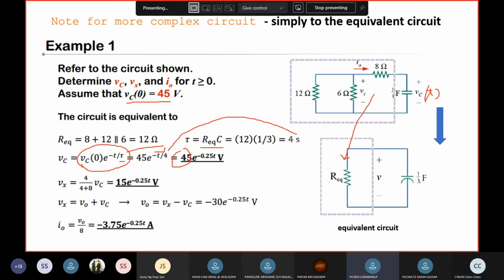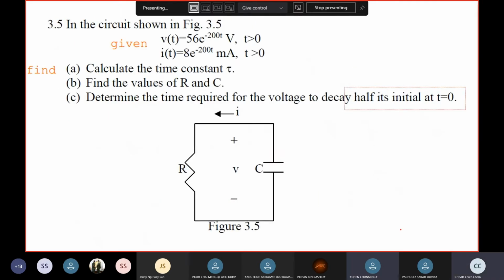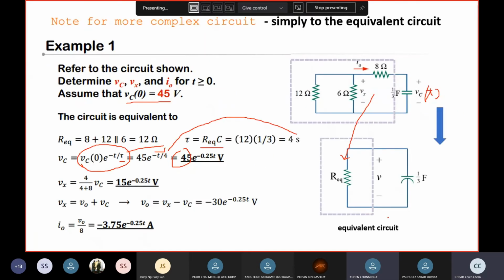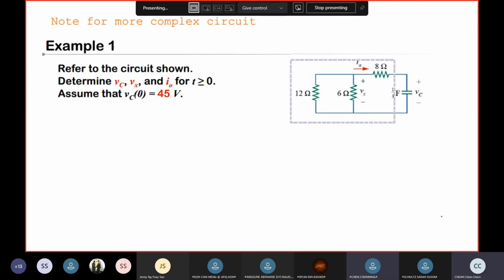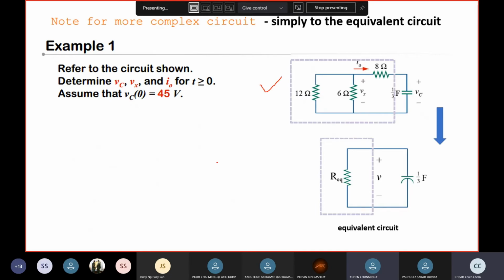Same thing for your second order system. You may notice that you will start from some standard circuits, and that is actually assuming that you have already simplified it to the equivalent form. So the whole idea works this way: as I said, some complex circuit is simplified to the equivalent form, and from the equivalent form, you know that the solution will take this form: initial voltage times e to the power of negative t divided by RC.